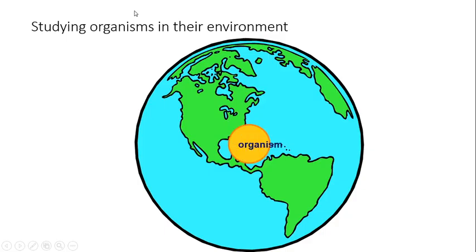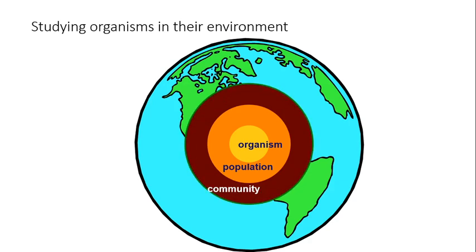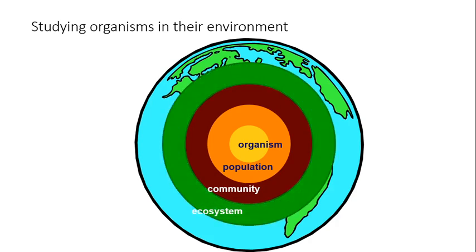Moving further, what does ecosystem mean? Studying an organism in its environment is considered to be an ecosystem. The organism can be a single organism, a population, a group of the organism, or a community, or it could be the whole ecosystem.